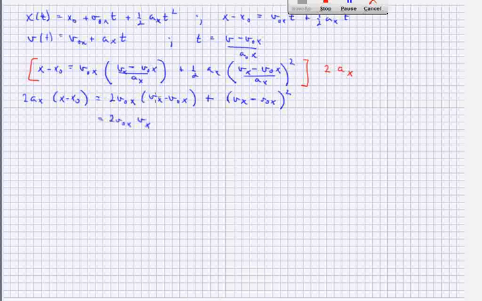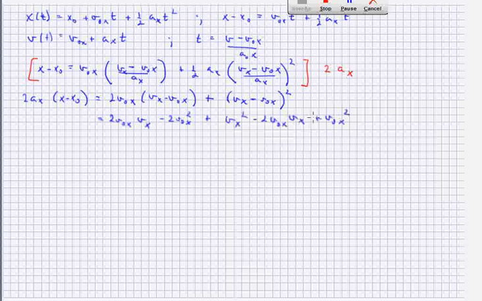Okay, so if we distribute these terms here, I'm going to get 2 v naught x times v sub x, this times this, minus 2 v naught x squared, this times this, plus this squared, and this is going to be v x squared minus 2 v naught x v x plus v naught x squared.